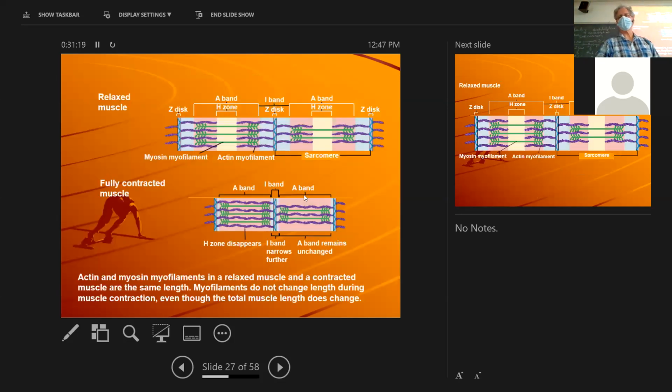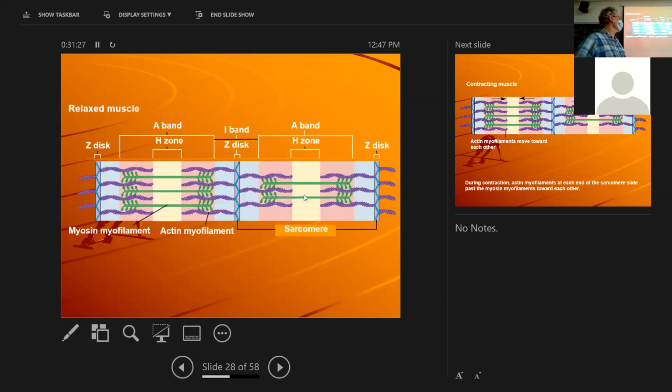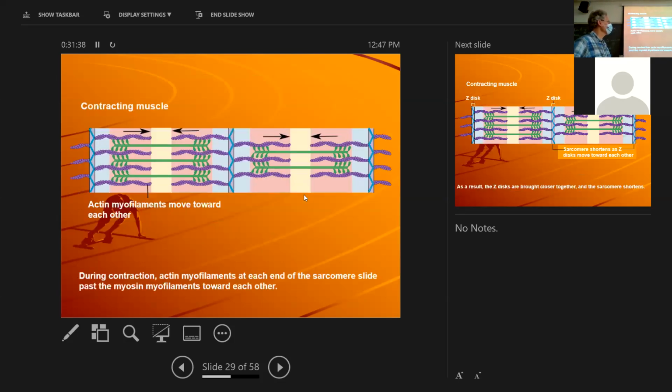So if we use this smart art and say fully contracted, uncontracted, we can go from uncontracted again, mirror image, what happens to one side happens to the other. We then start to contract and slide over the thick filaments like this, as you can see. They'll slide toward each other.